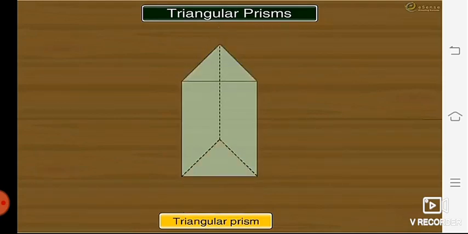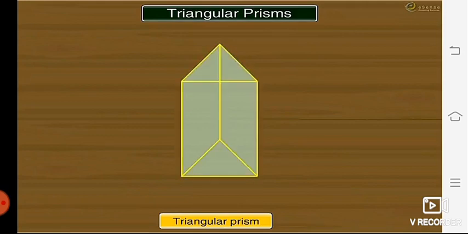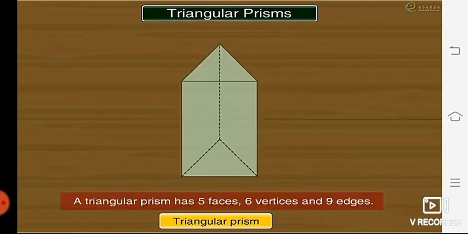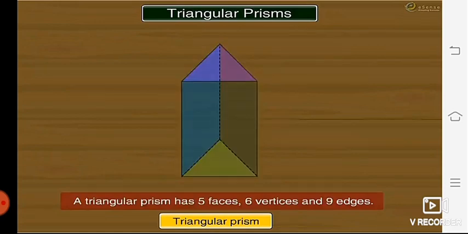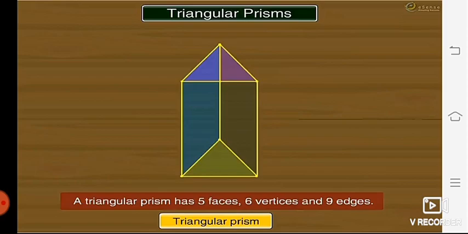It has a total of 6 vertices. How many edges are there for a triangular prism? There are 9 edges for a triangular prism. So let's recall. A triangular prism has 5 faces, 6 vertices and 9 edges.